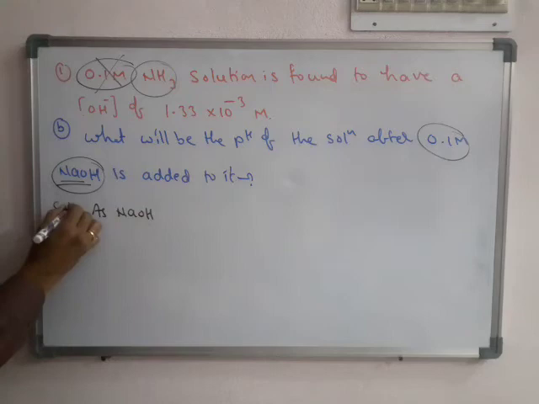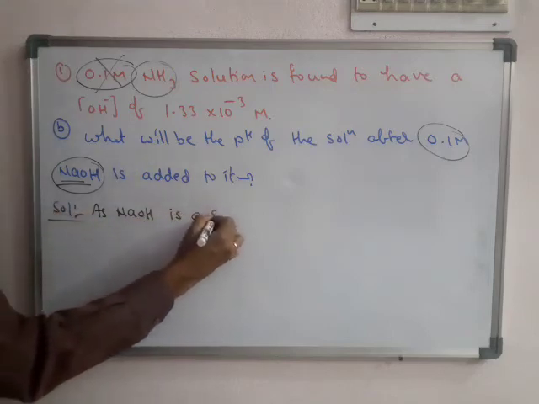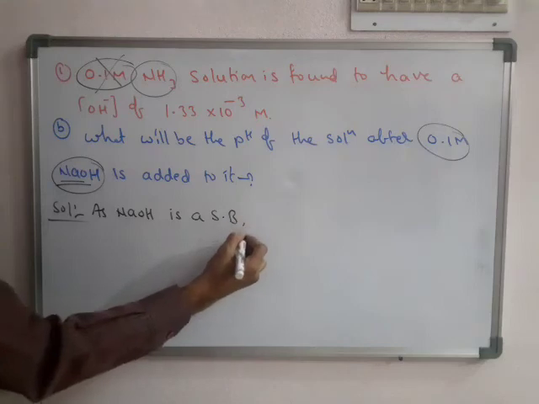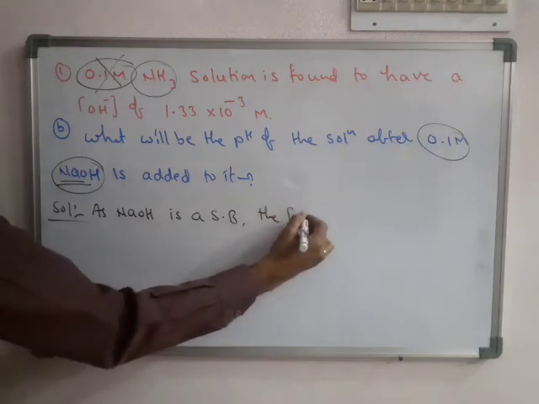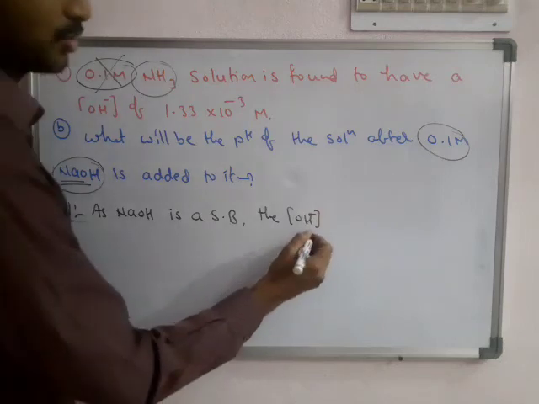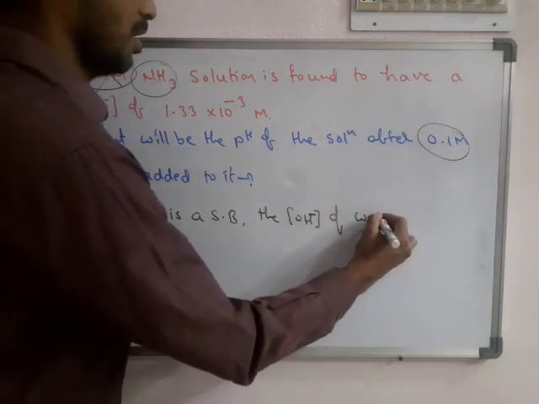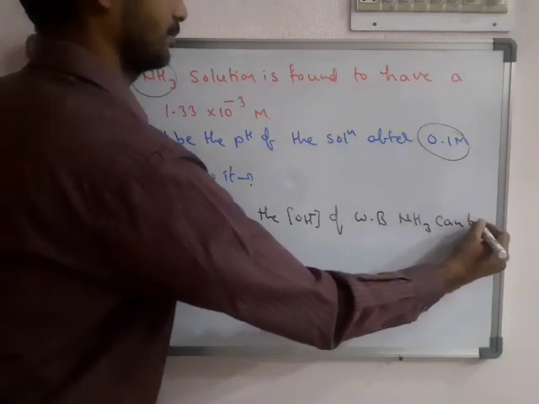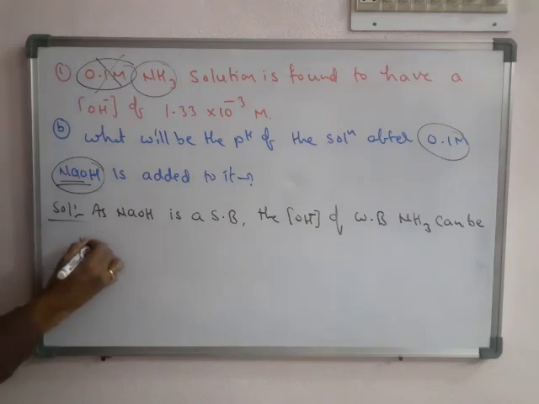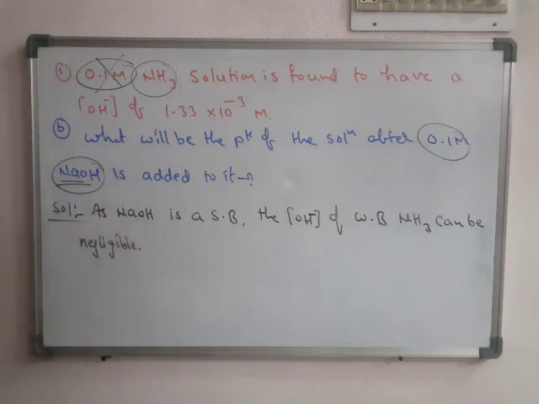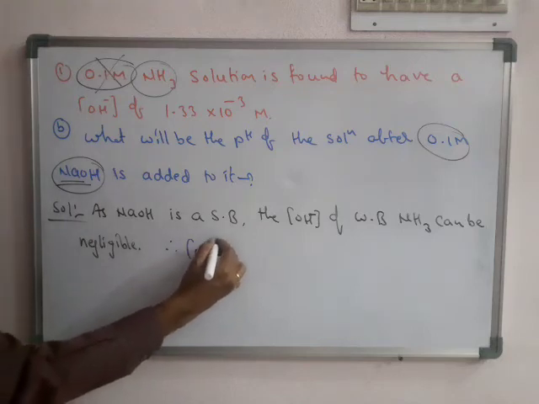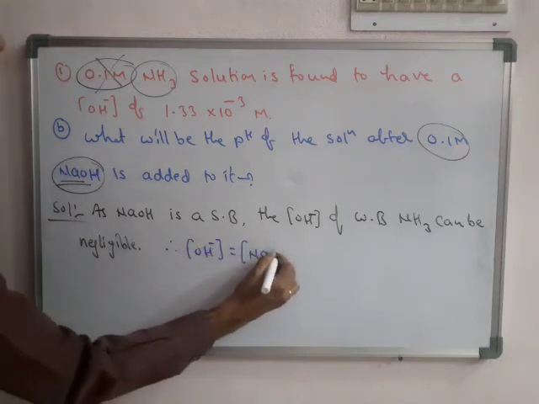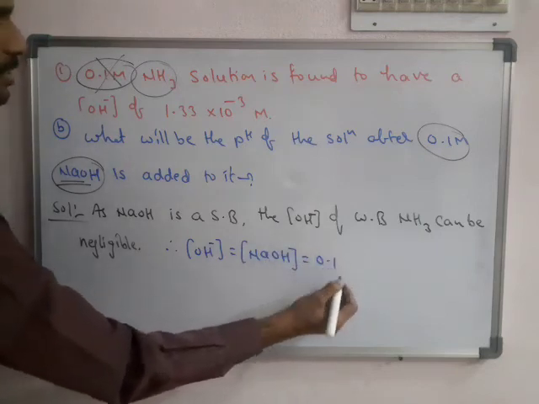So you write the solution: as NaOH is a strong base, the OH minus concentration from the weak base ammonia can be neglected. So it is negligible. Now what is the OH minus concentration? It is nothing but the sodium hydroxide concentration, that is 0.1 m.